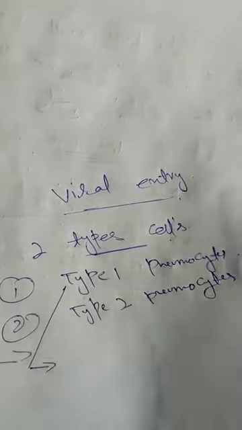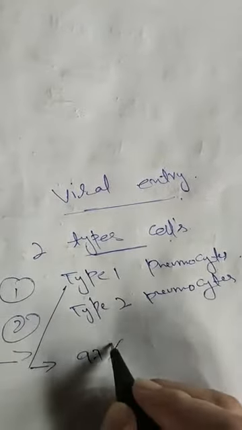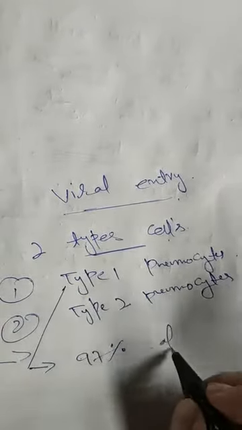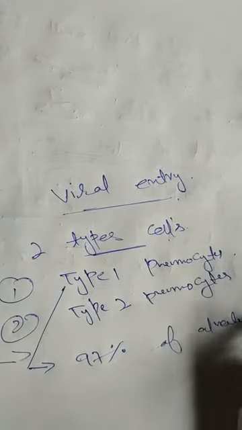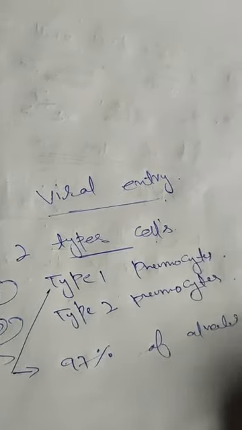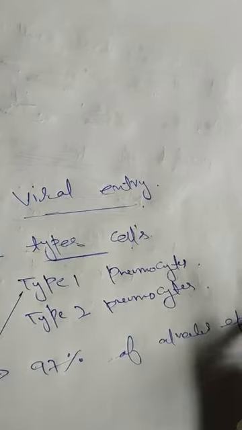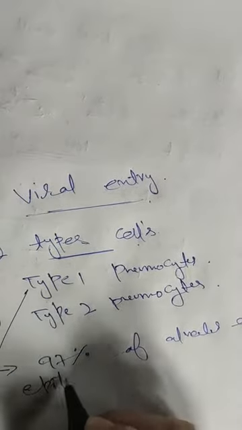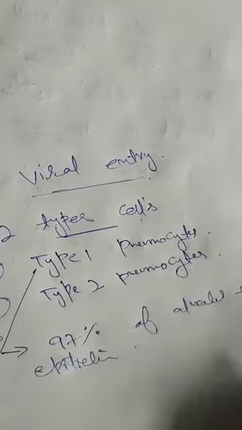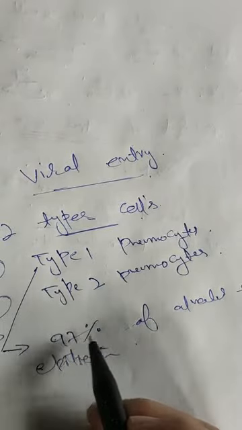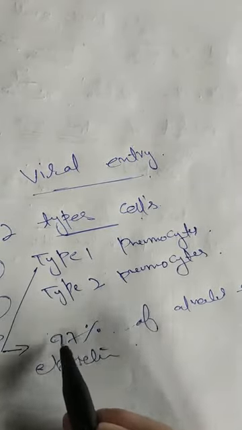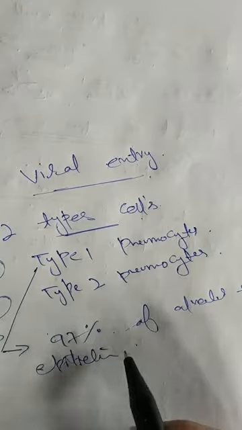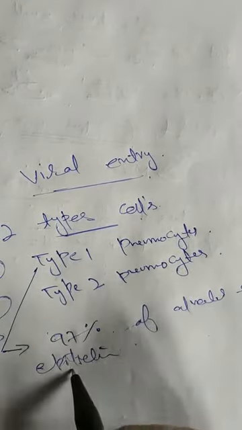collectively make up 97% of alveolar epithelium. Okay, so type 1 pneumocytes make up the 97% of alveolar epithelium.